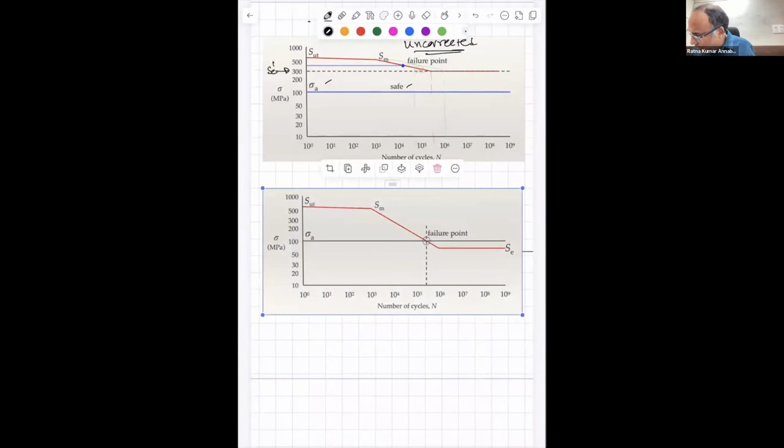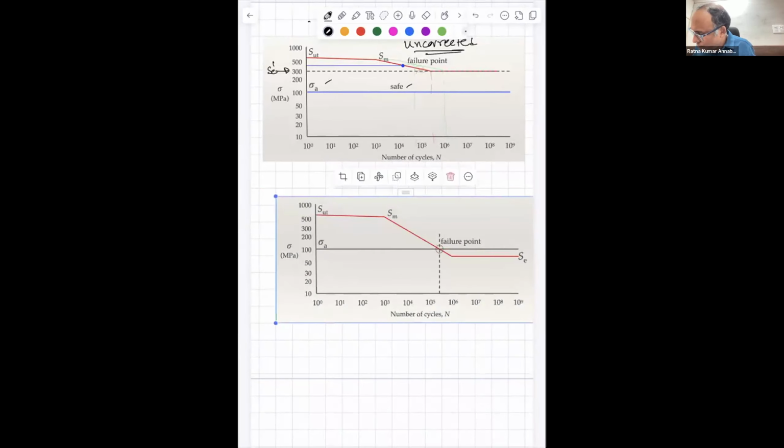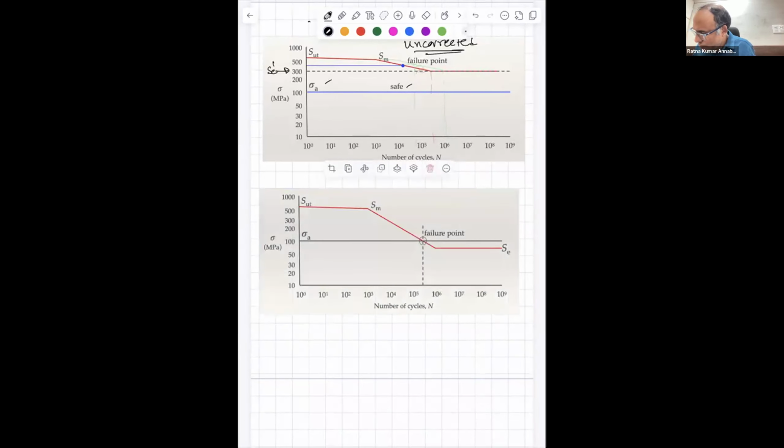This is the corrected estimated diagram. Then you will see that your SE is here, corrected one.